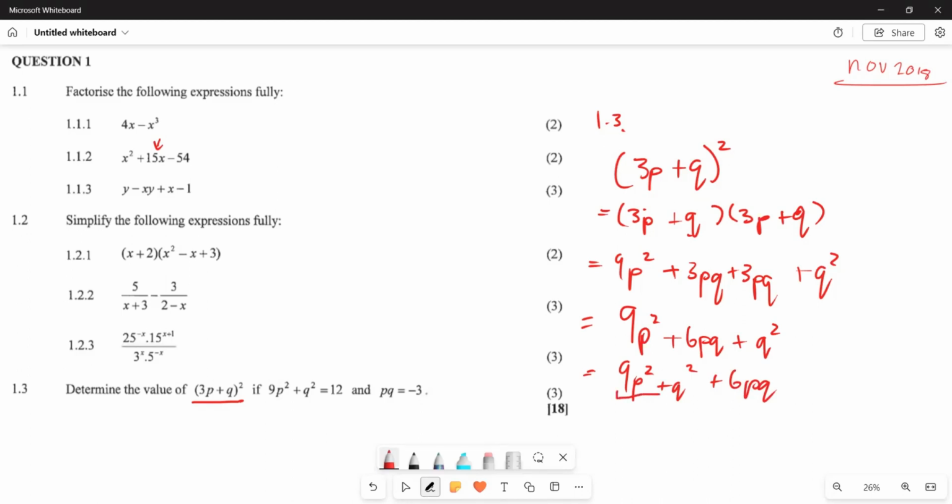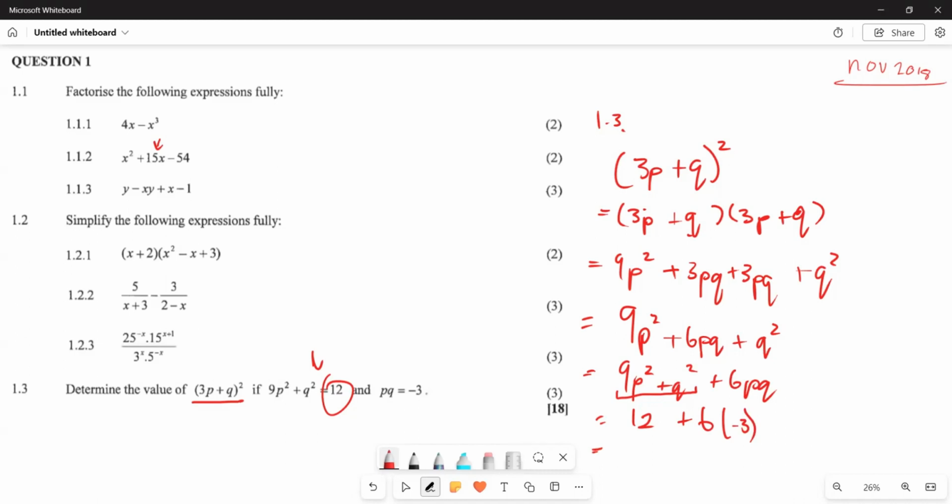The 9p squared plus q squared, they gave us, represents our 12. So this is going to be the same as our 12, plus the 6, and then we are given that p multiplied by q is negative 3. So in the space for that, it's going to be negative 3.